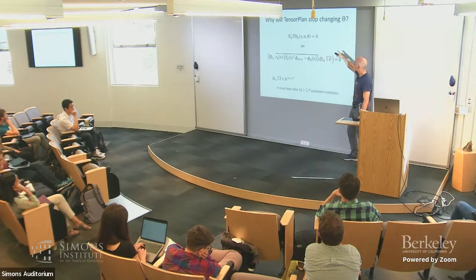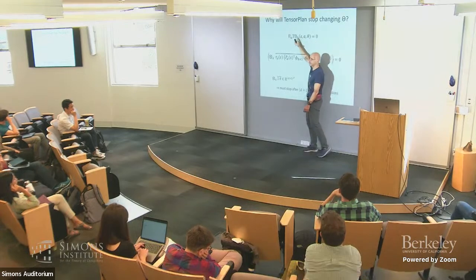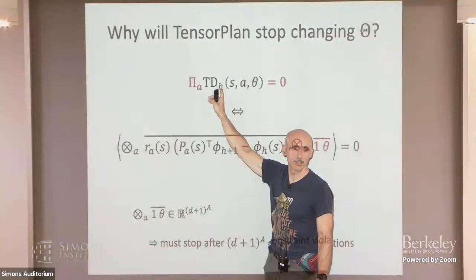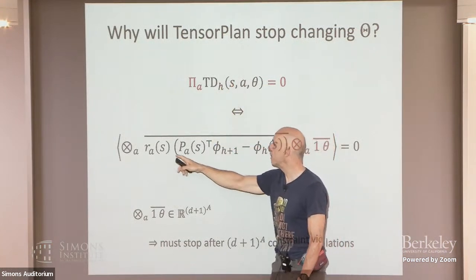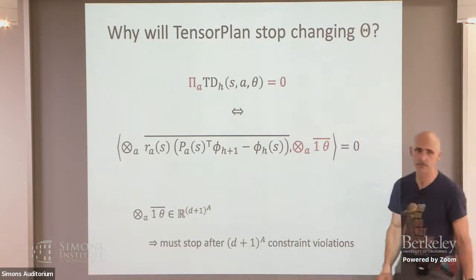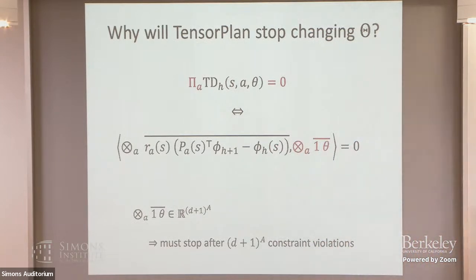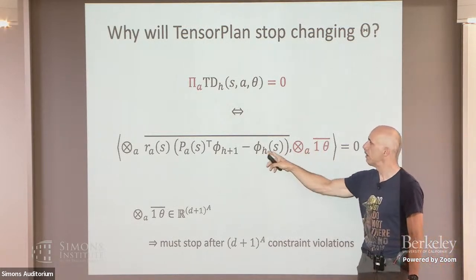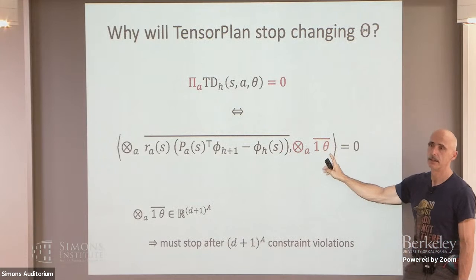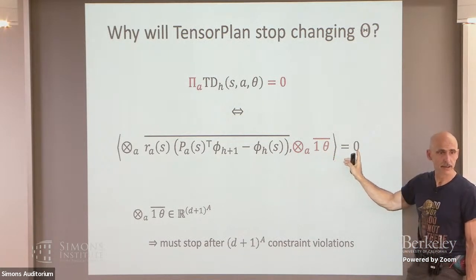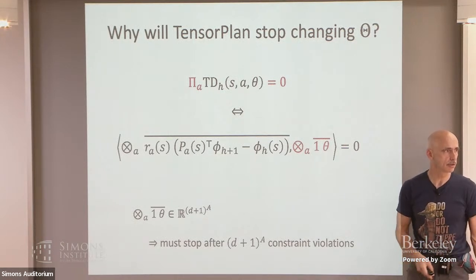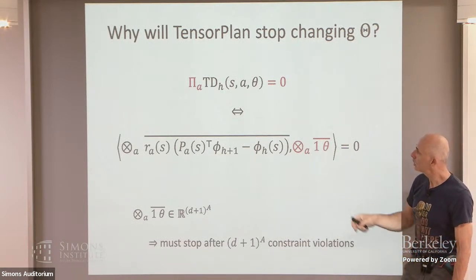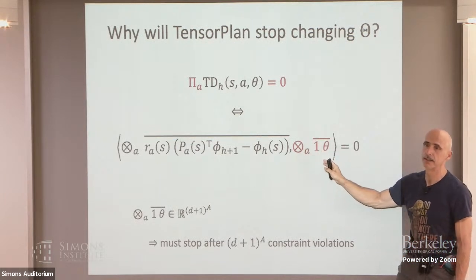So why is this product a win compared to using a max? If you look at what this product means, you can write it out as an inner product, reorder the terms, and introduce these tensor products. Then you see that this can be viewed as a linear constraint on the polynomial of the parameter vector, which is this tensor product of the parameter vector. So this is a bunch of linear constraints.